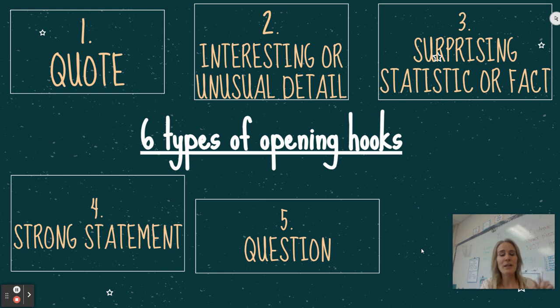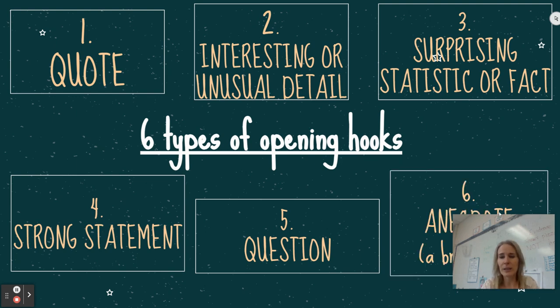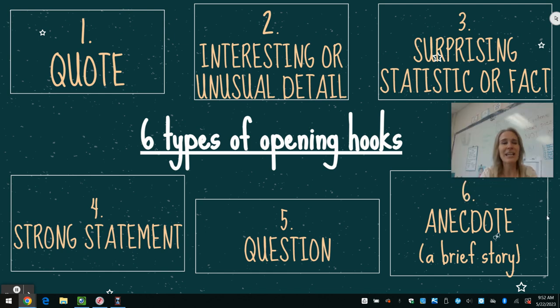And the fifth type of opening hook is a question, and we've used questions as opening hooks in both of our other types of writing units this year. That was a choice for an opening hook in our narrative writing unit. It was a choice for an opening hook in our research writing unit, our informative writing. And then the last one is an anecdote.